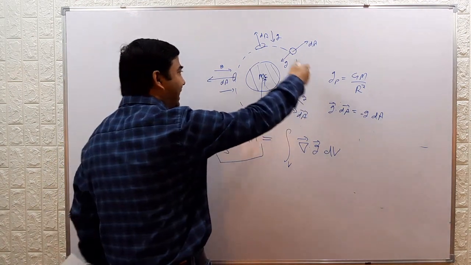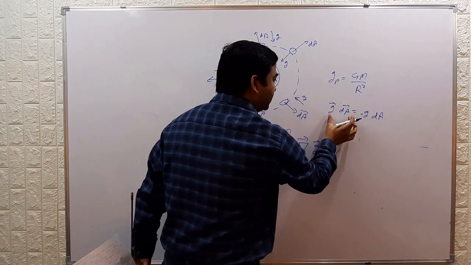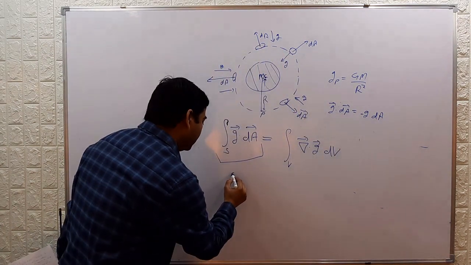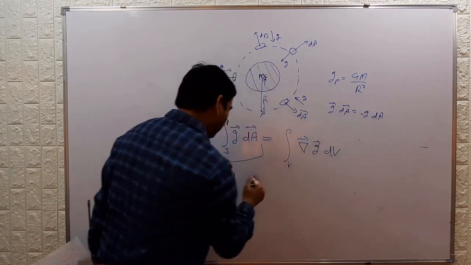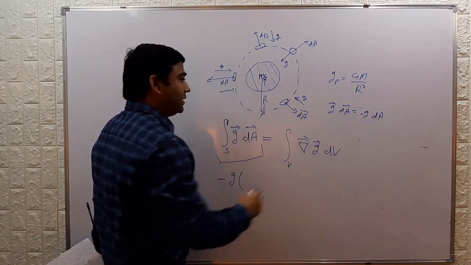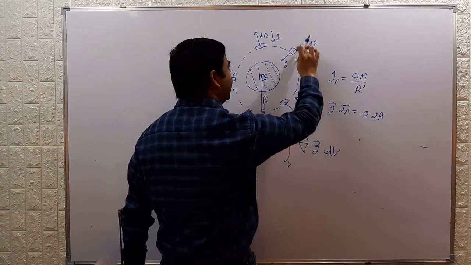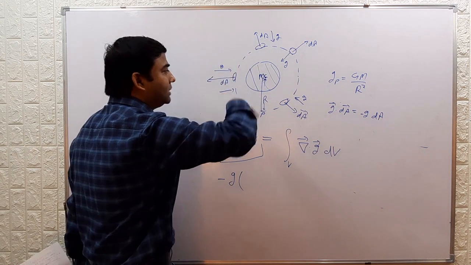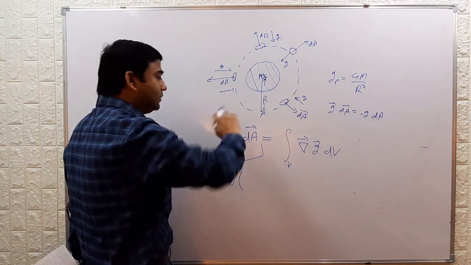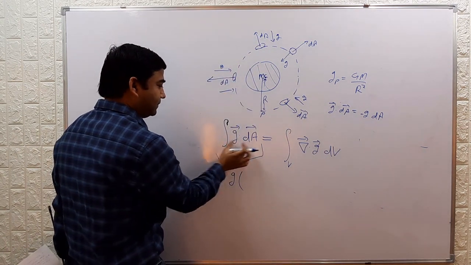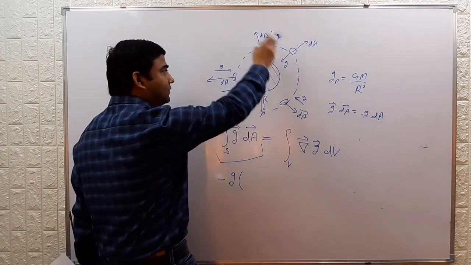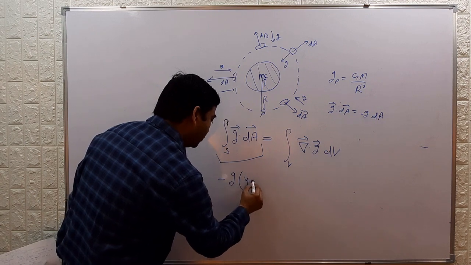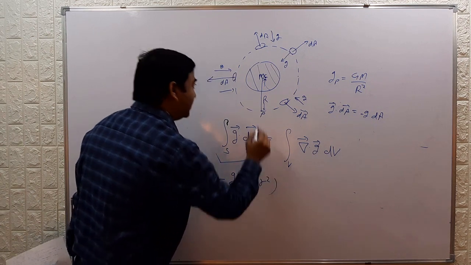When we add the dot product for the whole surface, G will be common, giving minus G times the sum of the small elements dA throughout the spherical surface. The integration of dA gives the total surface area, which for a sphere is 4 pi R square.